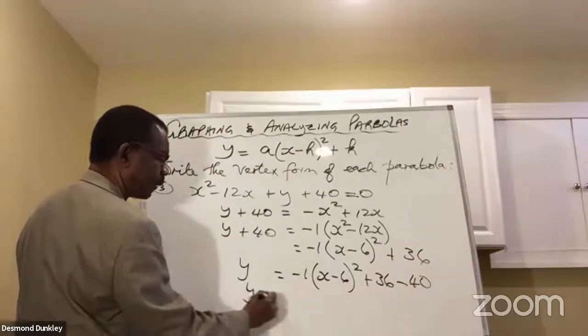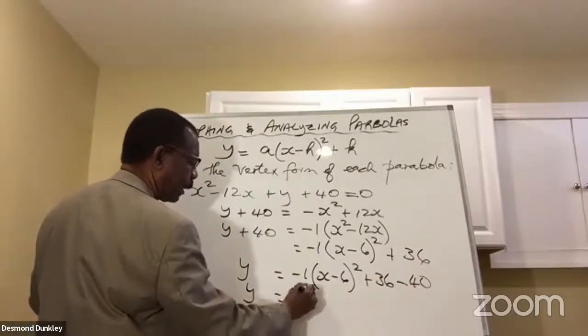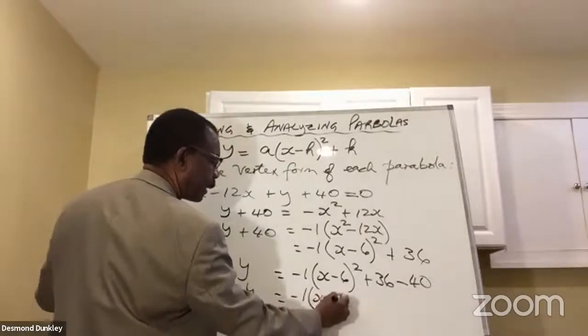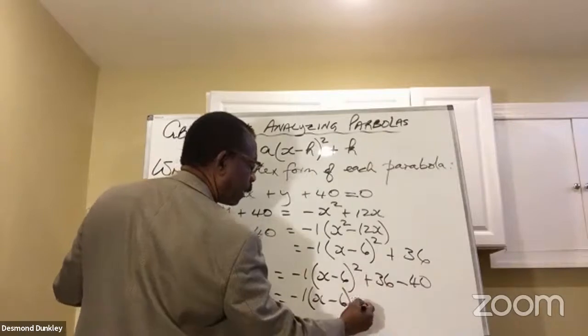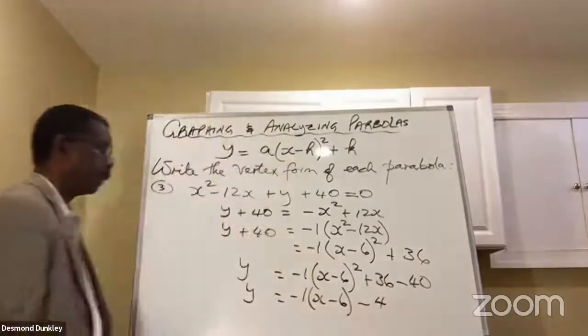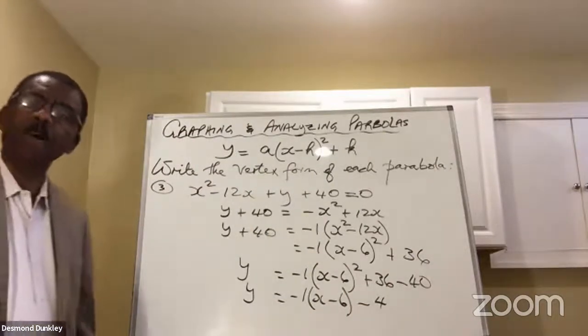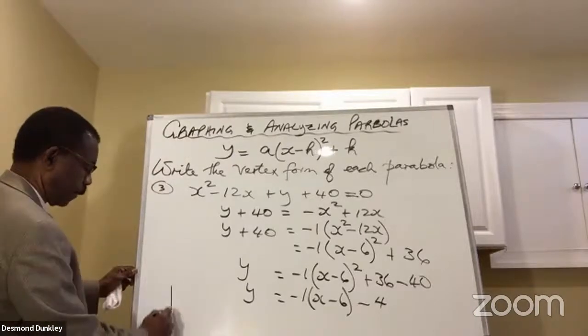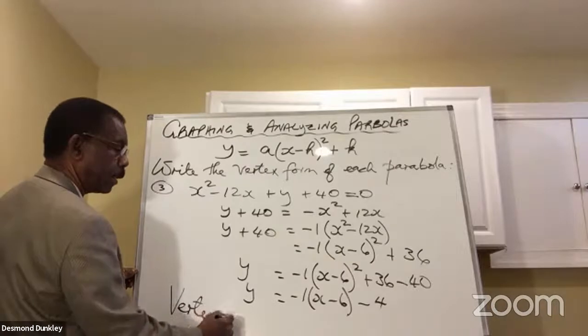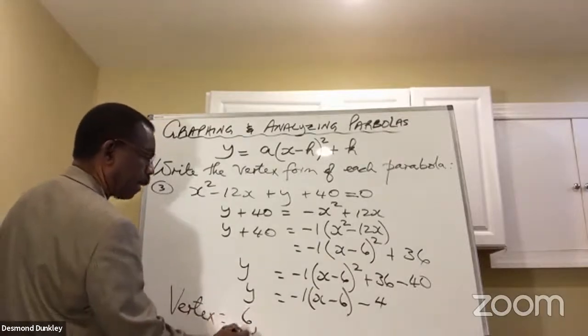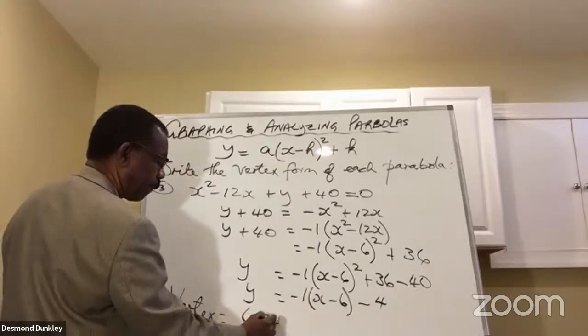So our final answer is negative 1 times x minus 6 squared, and 36 minus 40 gives me minus 4. So what is our vertex? The vertex is 6, negative 4.